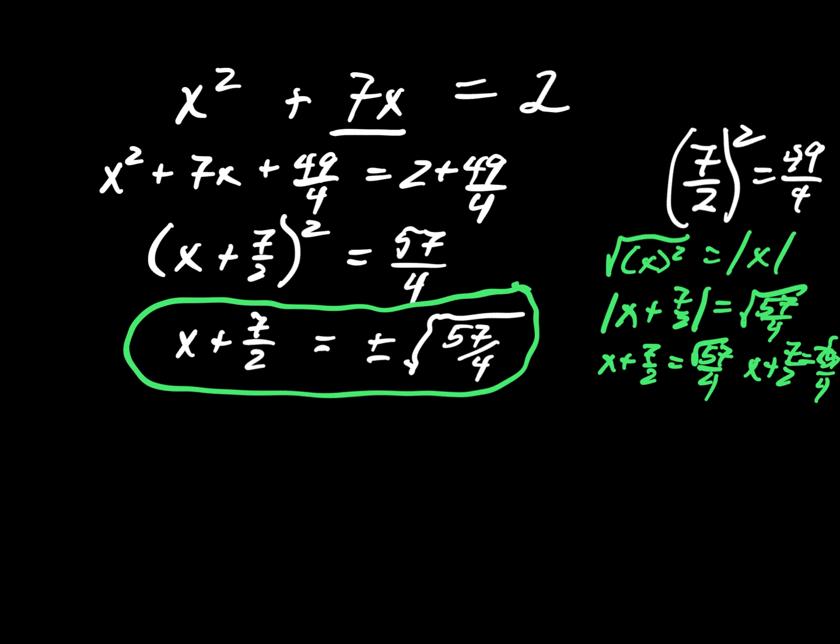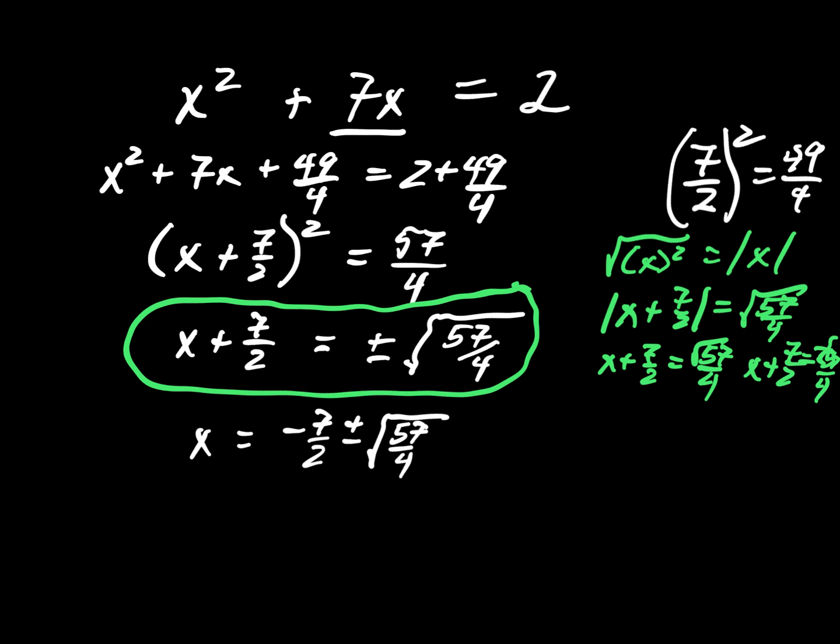All right, so let's continue on with this. At this point, we would finish this problem by subtracting 7 halves from both sides. So x equals negative 7 halves plus or minus the square root of 57/4.